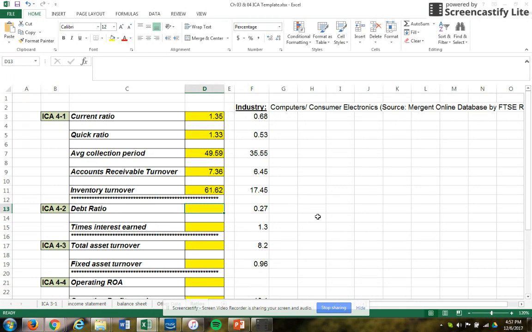First, looking at the debt ratio: what percentage of assets were financed using debt, short-term and long-term? This reminds us to compare total liabilities to total assets. We find both on the balance sheet.